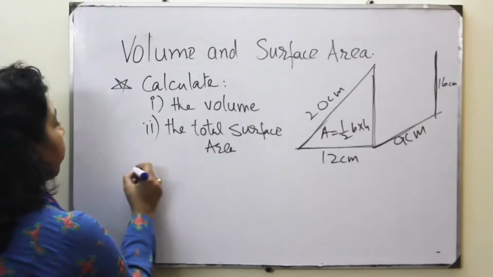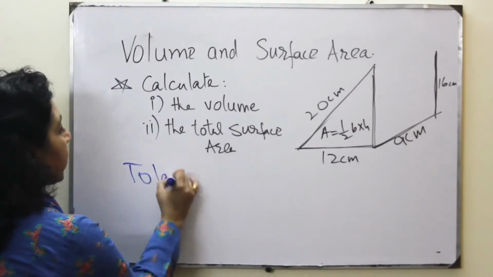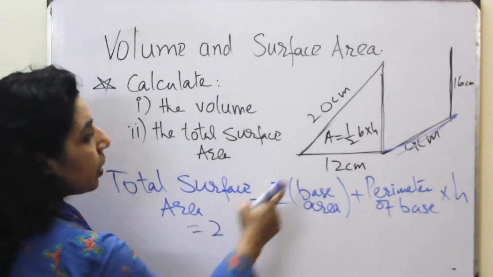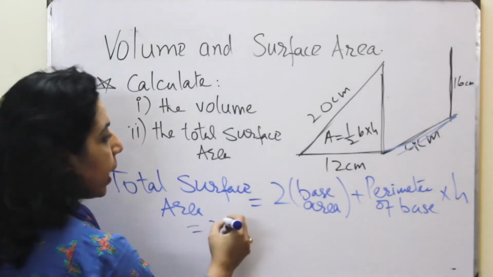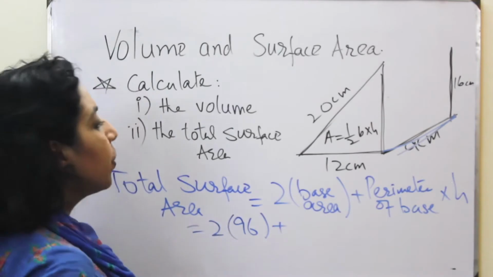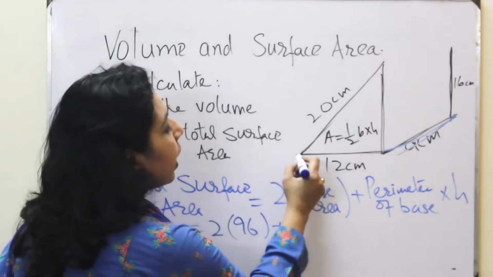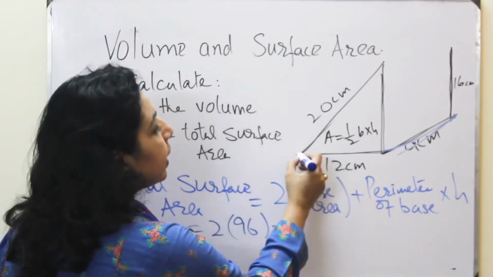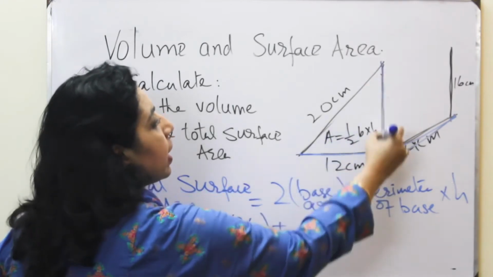Now I have to find the total surface area of the prism. So twice base area is, we have just found the base area, 96. Twice into 96 plus perimeter of the base. Perimeter you must know, perimeter is the length of all sides. So it has three sides, 12, 16 and 20.